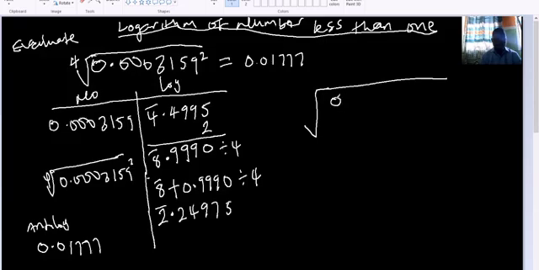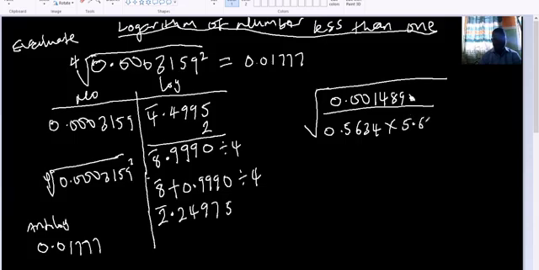So here you have 0.001489 divided by 0.5634 times 5.681.